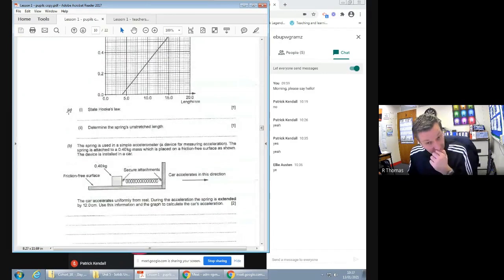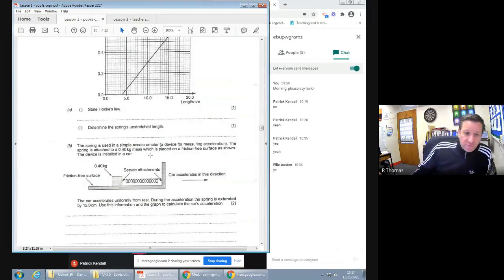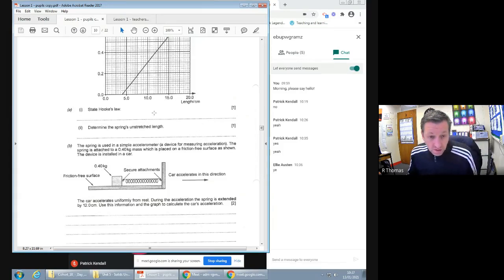And then it starts getting all physicsy. The spring is used in a simple accelerometer, which is a device for measuring acceleration. Straight away now, I hope your brain's going, acceleration. What do I know about that? Force equals mass times acceleration. The spring is attached to a 0.4 kilogram mass, which is placed on a friction-free surface as shown, and the device is installed in a car.